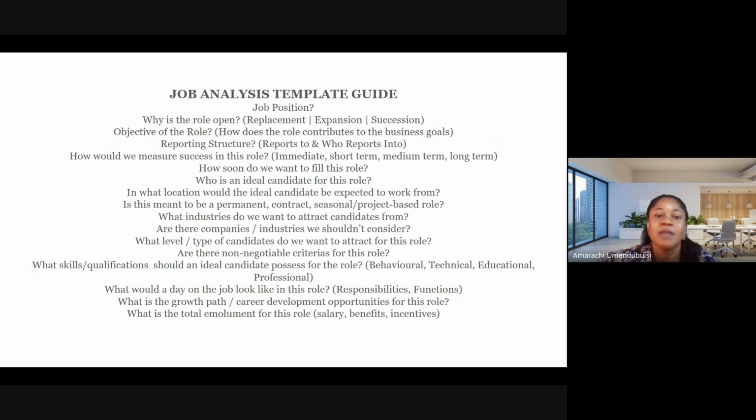So by the time you have all of these detailed out, don't you have your job analysis? Don't you say you have conducted your job analysis? Yes, you have. And once you're armed with all of this information, you have a very clear direction as to what you need to do when it comes to any recruitment exercise.